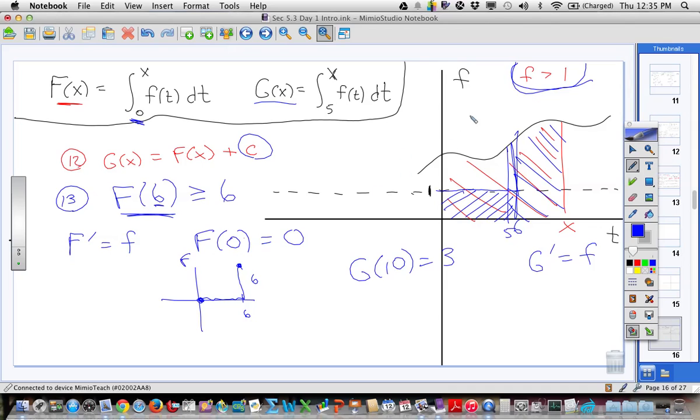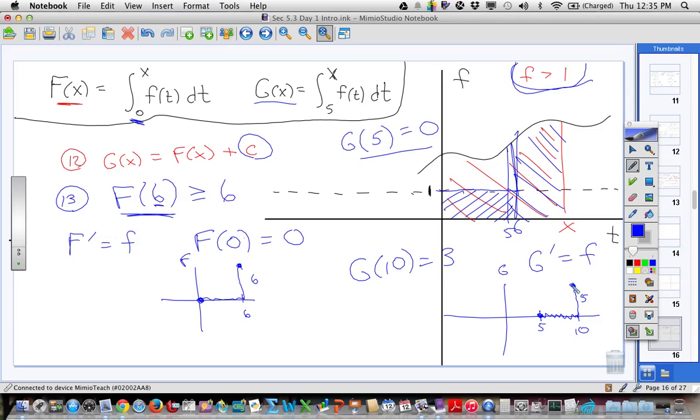But what you guys are forgetting, I think, is the free initial condition we get for g. g of 5 is 0. The area from 5 to 5 is 0. So we know g of 5 is 0. So if I had a g graph here, it would start here at (5, 0). So if we're going to do speed limit law, if we're going to go over 5, we have to go up at least 5.